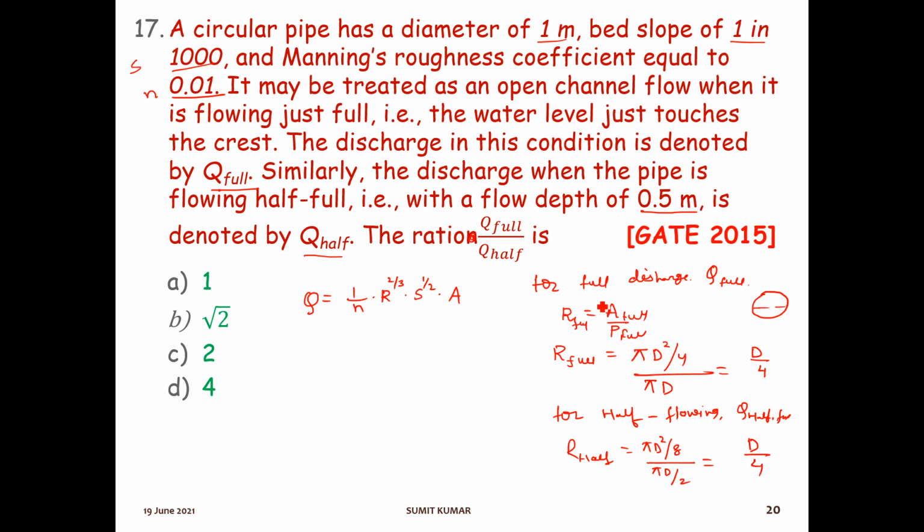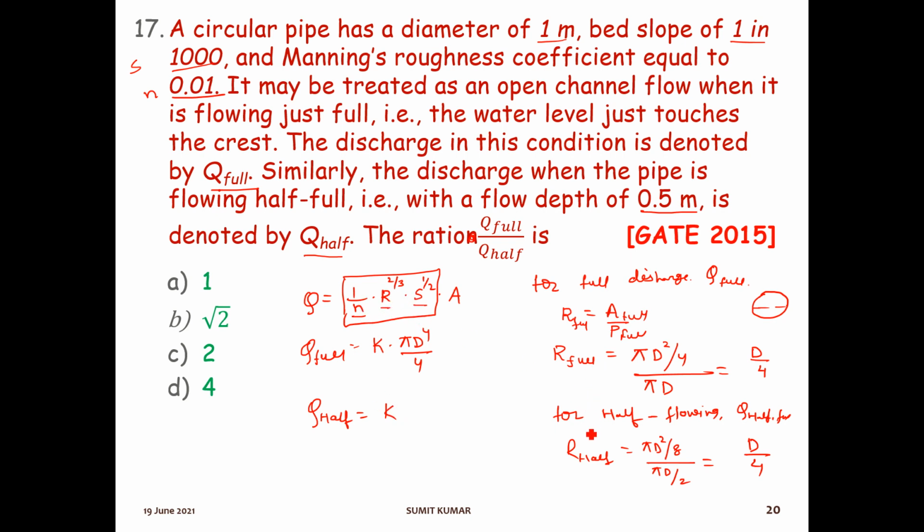So here we can see that for both cases, the hydraulic mean depth is the same. N is constant, R is constant, and S is constant. So for full, assume this is a constant K. So Q full is K into A, where A is pi d square by 4, and Q half is also K into its area, because n, S and R are all constant.